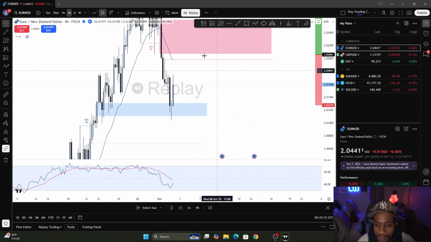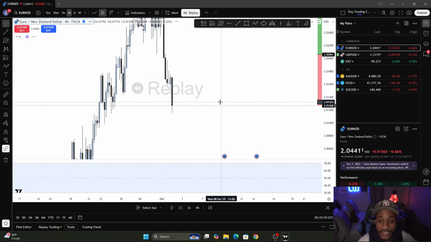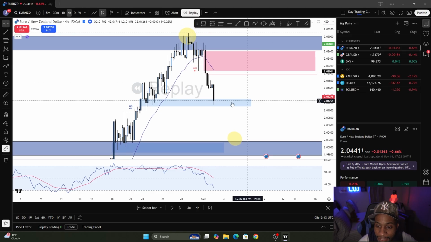What I look for is the first tap into the fair value gap. The first candle that hits the fair value gap, I'm automatically on guard, and I'm watching this trade like a hawk, because it's like, okay, price got to a fair value gap. Let's see now on the 5 minute time frame if buyers step in at this level.